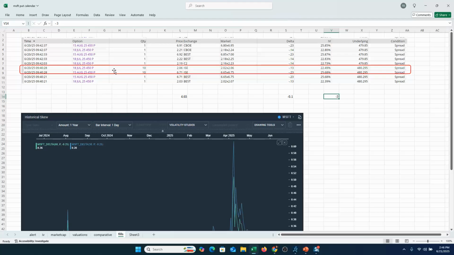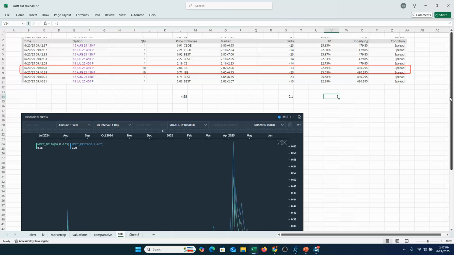So here's a couple of trades going out, buying the August 450 puts, selling the July 450 puts. These are traditional monthlies, and paying about 4.65 for that, setting up about 10 deltas net short, actually paying a little bit of IV, buying a slightly over 25 IV, selling slightly under a 23 IV.